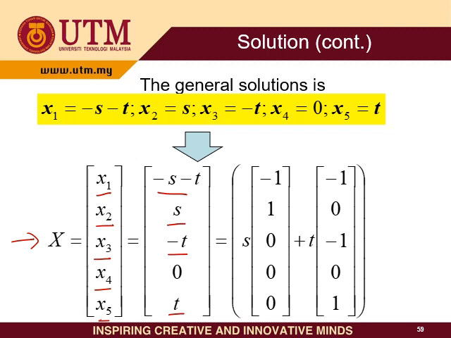Okay, they use this s and t. Because it is s and t, you split into 2 vectors, right? One for the s, one for the t, and from this you will get your basis of the null space. These two, we have 2 here. Okay, s and t as our scalars.